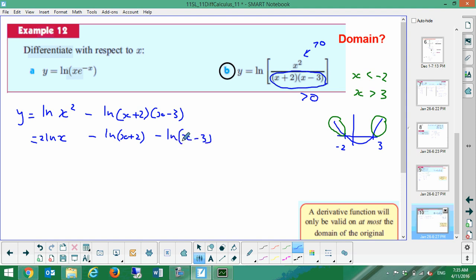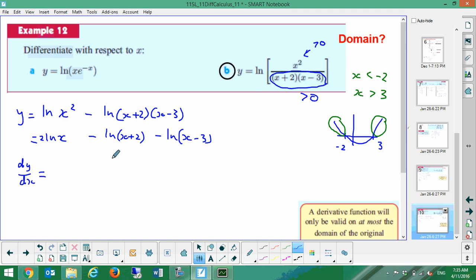Don't forget to put those in brackets so we know the log belongs to them all. Now that looks so much simpler for differentiating. Imagine doing that otherwise. You'd have to do the big function, and then the inside would be a quotient rule and messy. But this, because of our log rules, is so much easier.